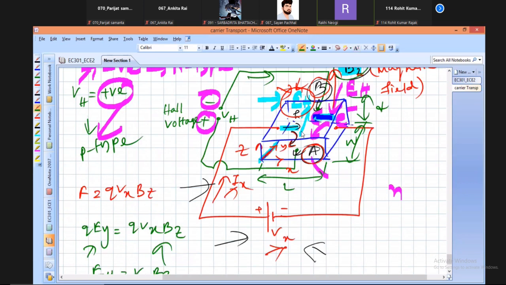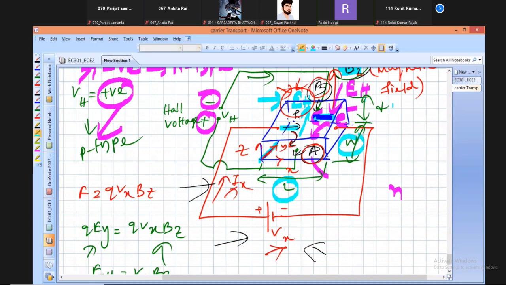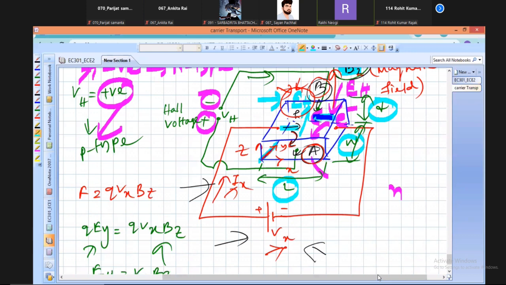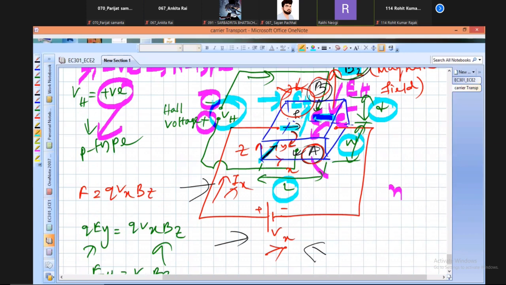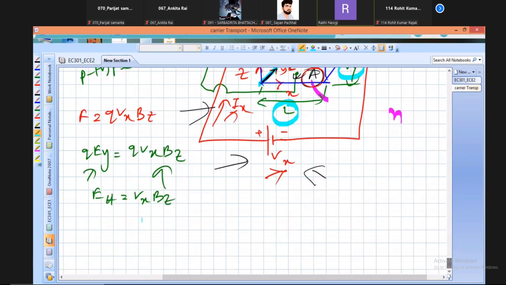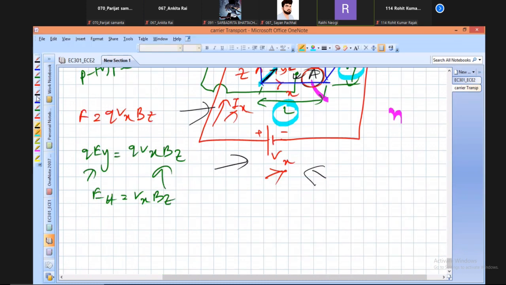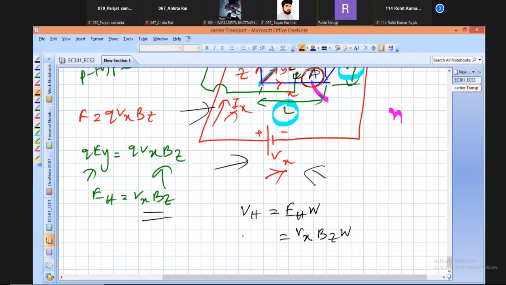I already identified the dimensions in your previous class: this is the length, this is the width, and this is the thickness. If you consider the Hall voltage V_H, it will be equal to E_H into W. So V_H equals E_H W. This is the Hall voltage.